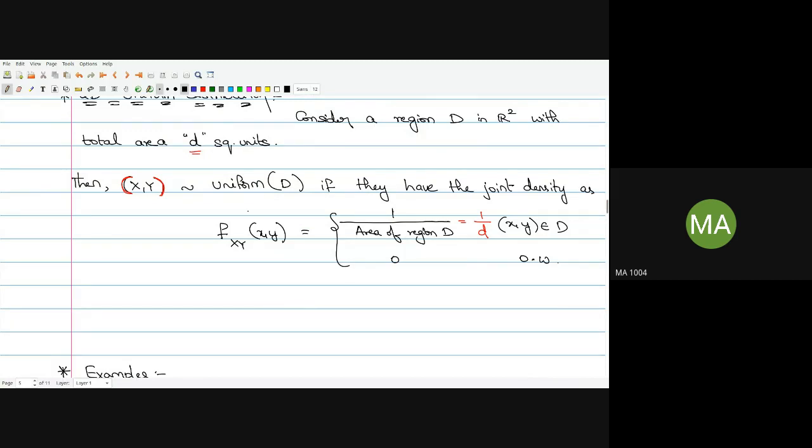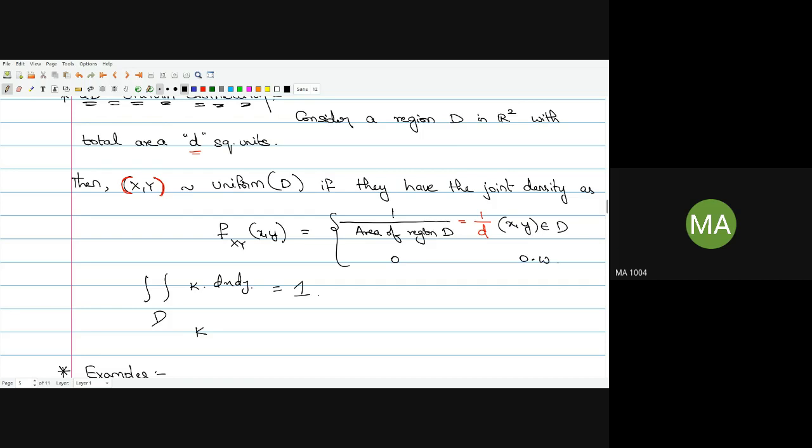Similarly here also, when I say it is uniform, my density value is constant for any x, y. So take it as a constant k and integrate it along the support, along the region D. Let's take k dx dy. If you integrate, you should get 1.